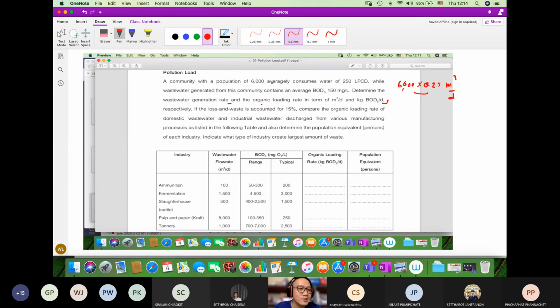There are 6,000 people living in this community, and each person uses 0.25 cubic meters, or 250 liters per capita per day. So the total water use is this much. What is it? 6,000 times 0.25.